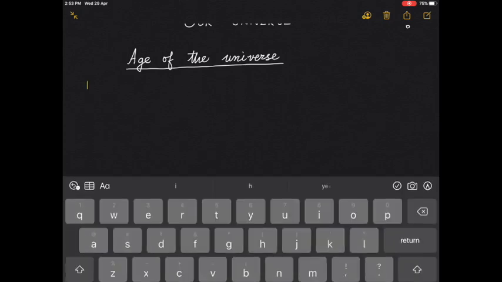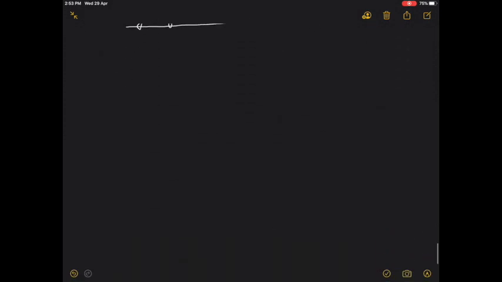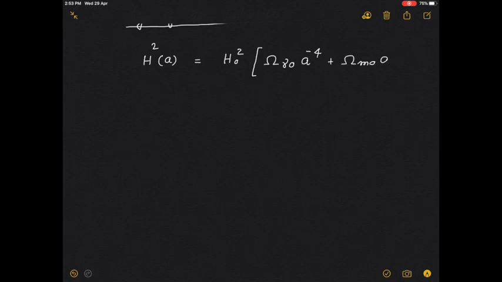So how do I get to that? Before I get to that, let me show you some simplifications of what we have already done. We have written down that H of a squared equals H naught squared times, omega gamma naught a to the minus 4, plus omega matter naught a to the minus 3, plus omega lambda naught, to the power of, and so on.